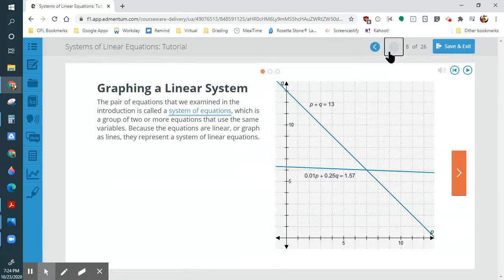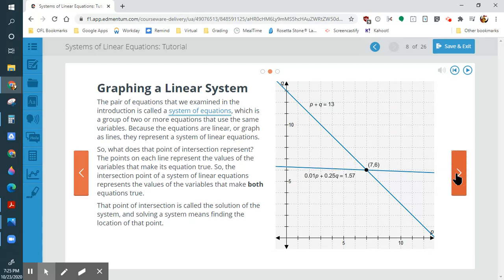All right, so now we're going to do it with other types of equations. This one, again, they're talking about the system of equations, two lines intersecting. If we wanted to solve it, the only place that these two lines equal each other is at this point. Even if we didn't know how many pennies and quarters we have, based on these two equations, they should have only ever met at that.